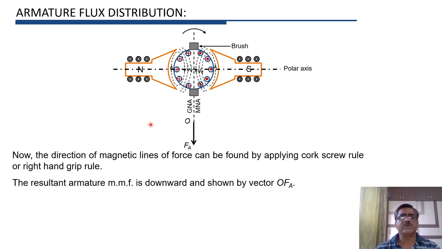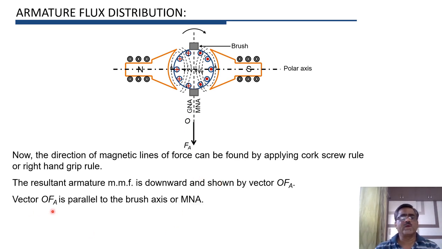Now here you can see that this flux is symmetrical with respect to this magnetic neutral axis, and therefore the resultant MMF produced by this armature current is downward, and it can be represented by vector OFA.